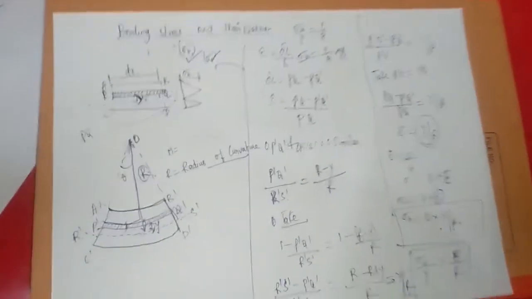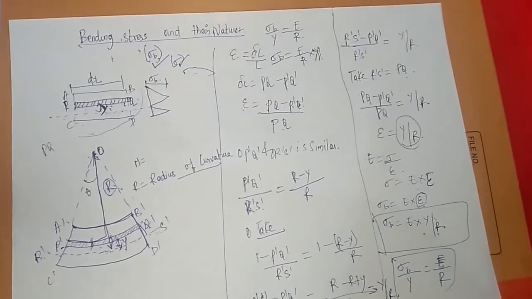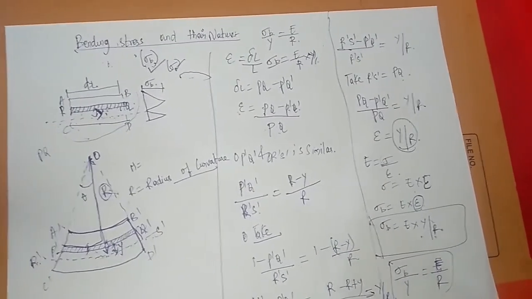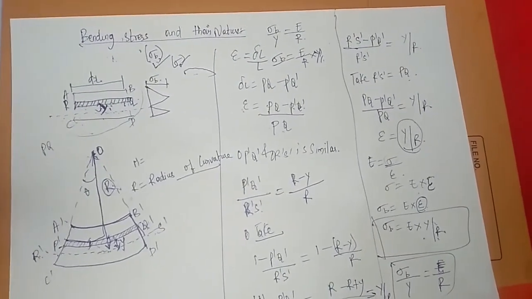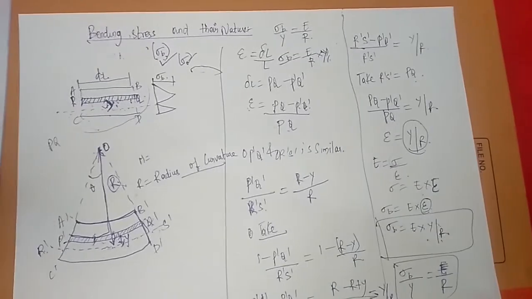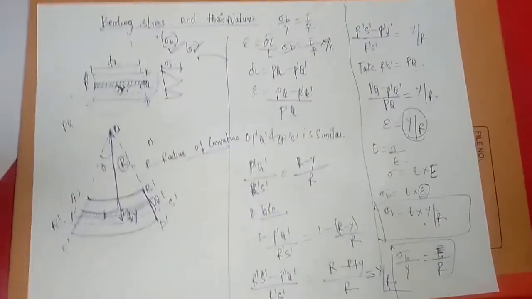This is very simple, right? We will use this equation, sigma B by Y is equal to E by R, to find the moment of inertia for a particular bending beam.